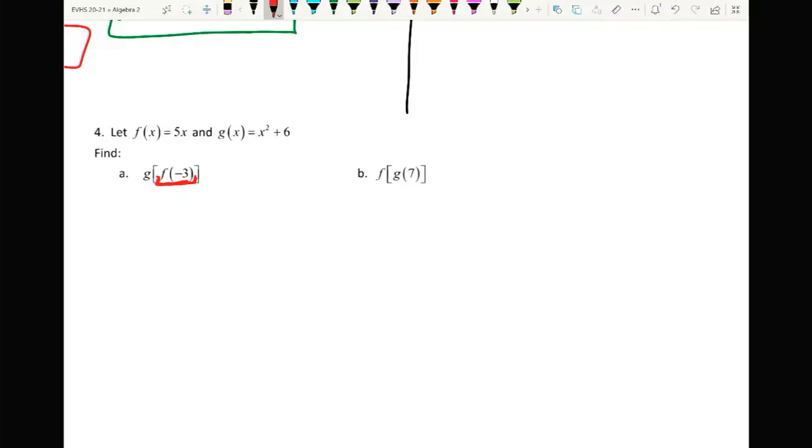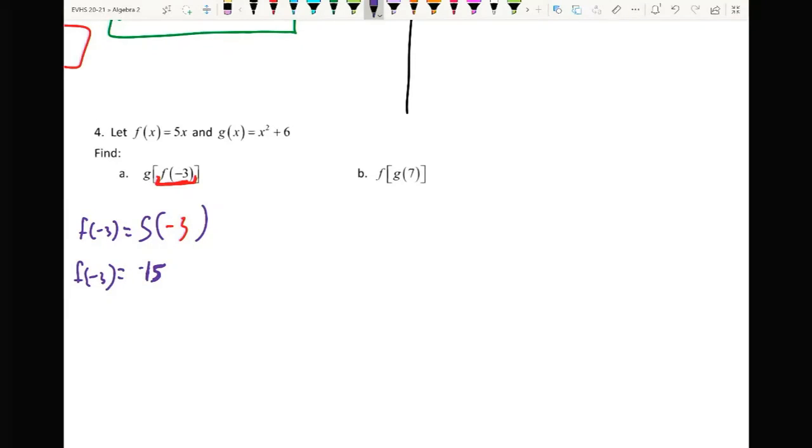And here's what I mean by that. f of negative 3 is going to equal 5 times negative, you know what, let me do it in a different color, it's going to be easier to see. I said purple. f of negative 3 is equal to 5x, but that x is a negative 3. So f of negative 3 is equal to negative 15.